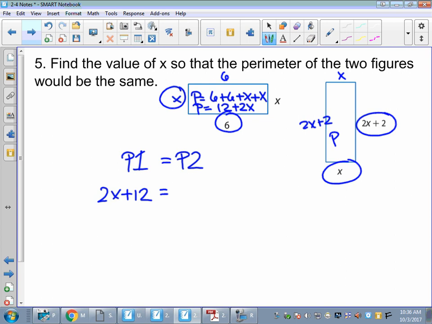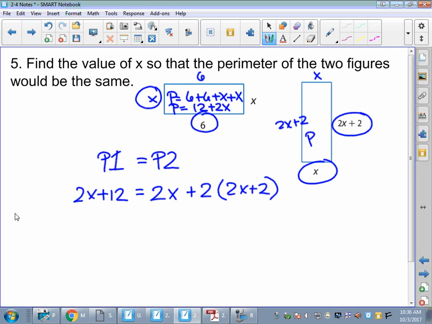I need 2 of those x sides added together, twice the x, plus twice the 2x plus 2 sides. And so that side's a little complicated. So we're just going to go ahead and clean up that right-hand side. When I'm cleaning up one side, I just write down the stuff from the left.